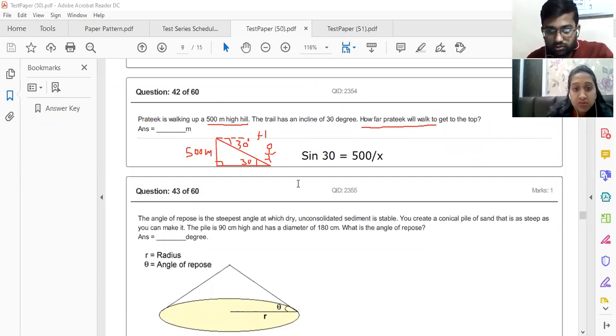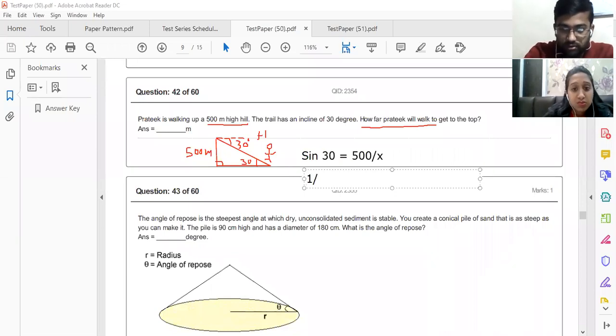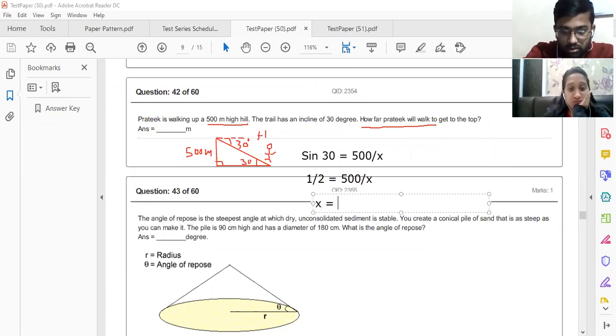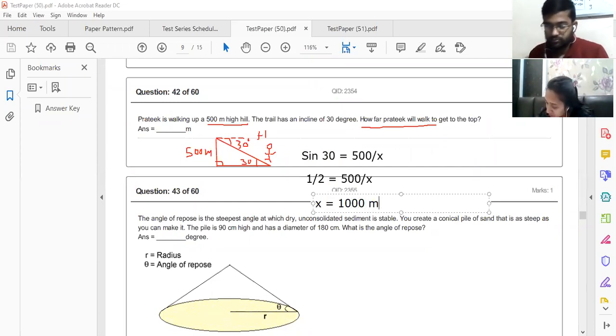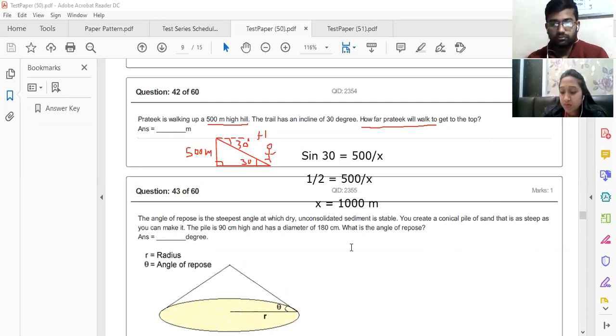Sin 30 means half, the value of sin 30 is half, so half equals 500 divided by x. Shift it, you will get x is equal to 1000 meters. Clear? Any doubt?